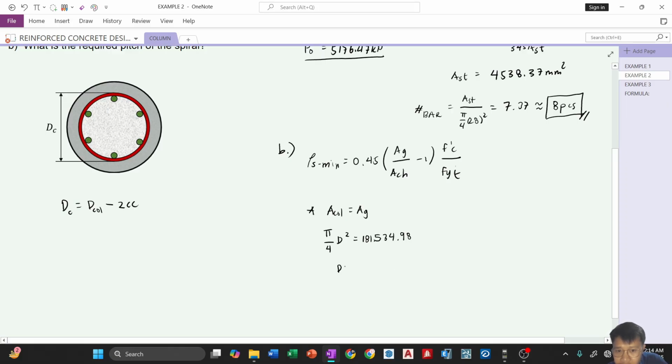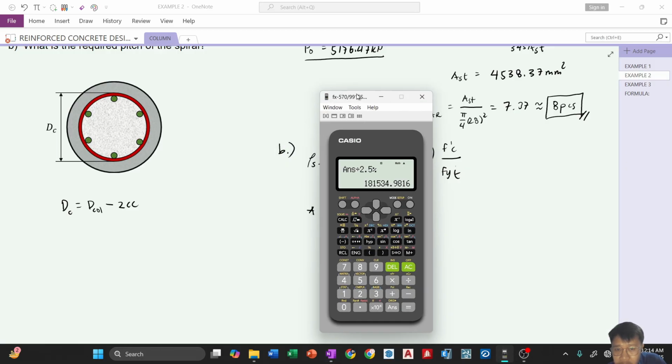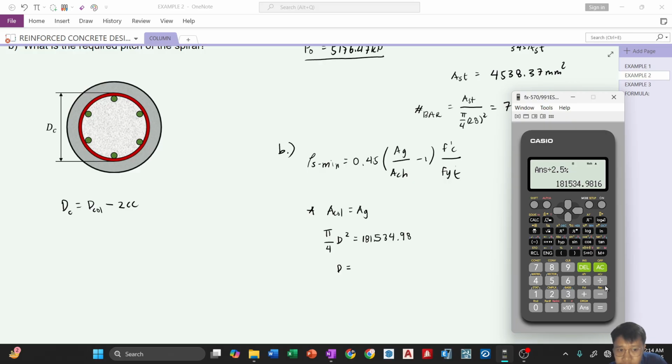So, we can actually solve here. Okay? We can now solve here the diameter of our concrete column. So, this is equal to, store na lang muna natin ito sa A. Ayan, para stored value lahat. Pi over 4 diameter square is equal to the stored value A. Okay?